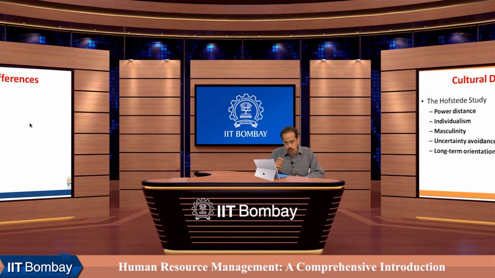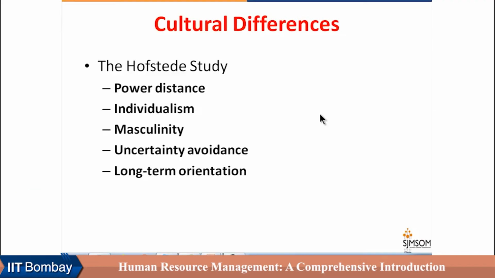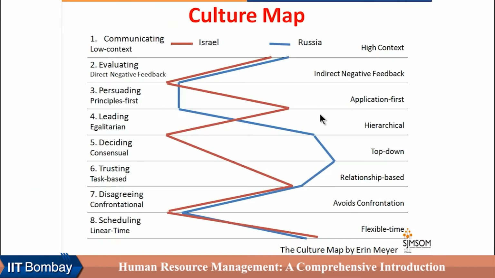What we are going to present in more detail, though, is not the Hofstede study, though it is perhaps the most famous or the most popular study about the cultural differences. I was particularly impressed by another classification given by Erin Meyer. Erin Meyer developed this classification primarily in the organizational context.